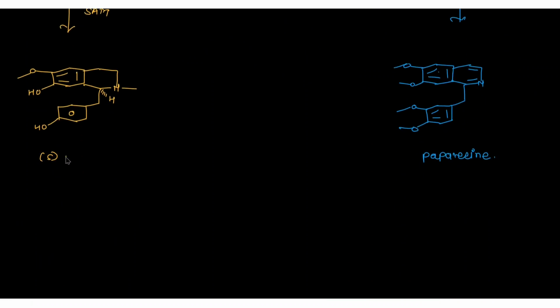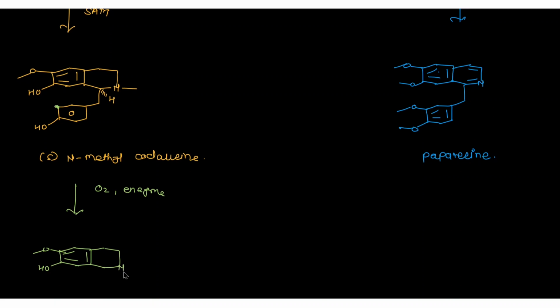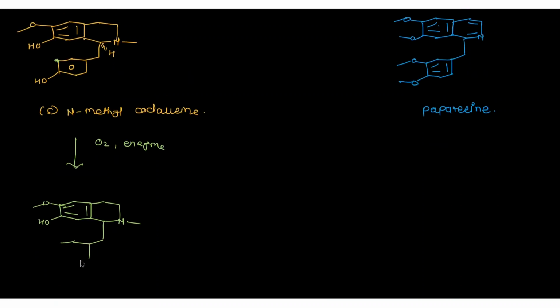This is known as S-N-methylcoclaurine. In the next step, by using O2 and enzyme, oxidation takes place on this carbon atom and we get this moiety which is known as S-3-hydroxy-N-methylcoclaurine.